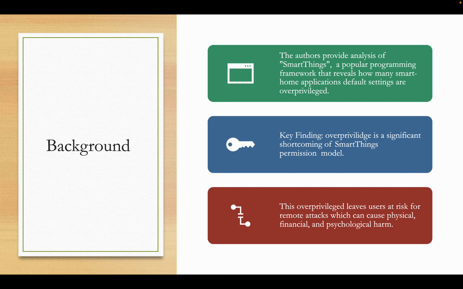And then we have key findings, where overprivilege is a significant shortcoming of SmartThings permission model. And this overprivilege ends up leaving users at risk for remote attacks, which we saw cause physical, financial, and psychological harm, unfortunately.